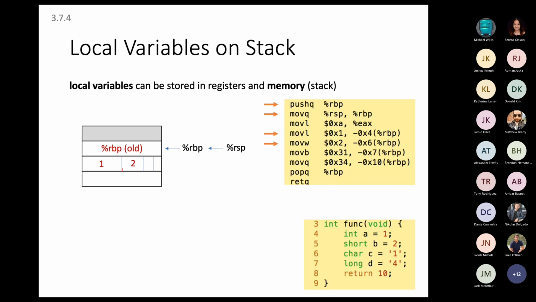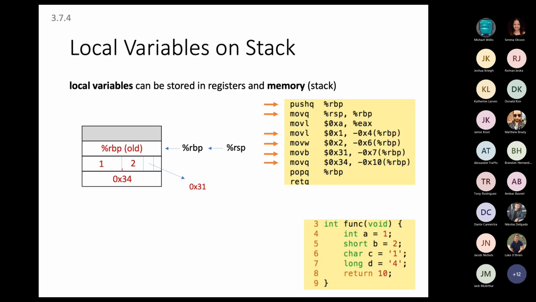And when we move number 2 to RBP -6, then we would move the number right here. At the same time, if we want to move the 31 into RBP -7, then we put it right here, 31. And then finally, if we look at RBP -10, we will give it right here, 34.